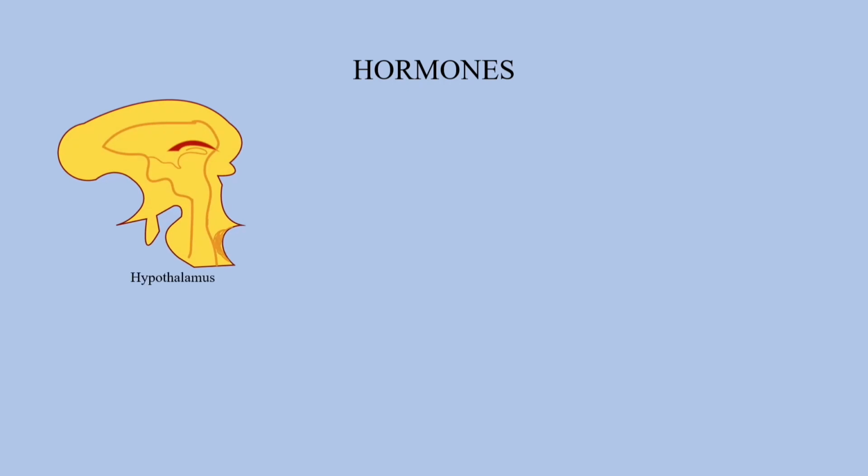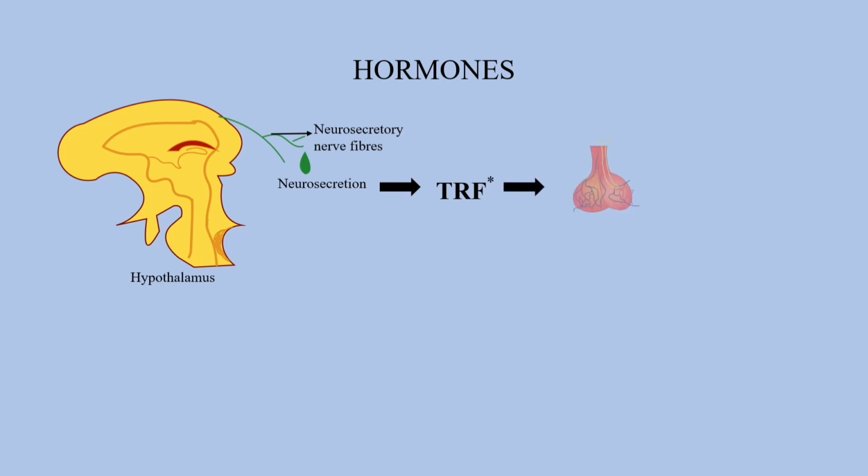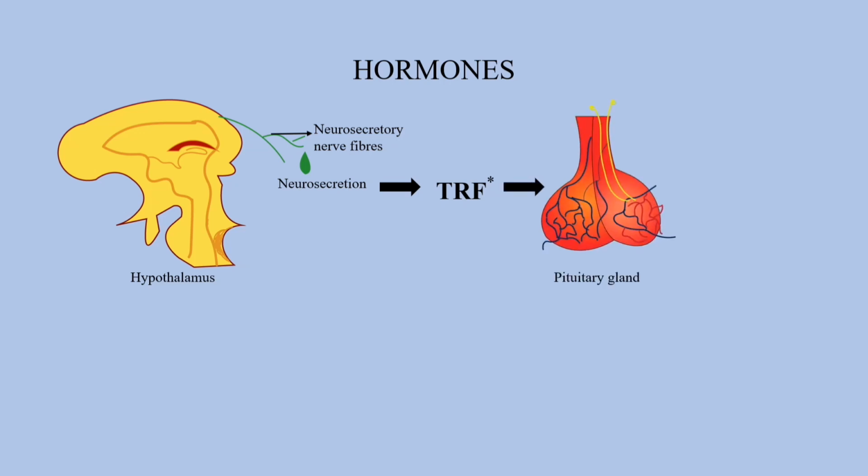Hormones. The initial signal for metamorphosis is given by hypothalamus. It contains certain specialized nerve fibers called neurosecretory nerve fibers. The nerve fibers secrete a chemical substance called neurosecretion. It contains a factor called thyrotropin releasing factor, which is transported to the pituitary gland.